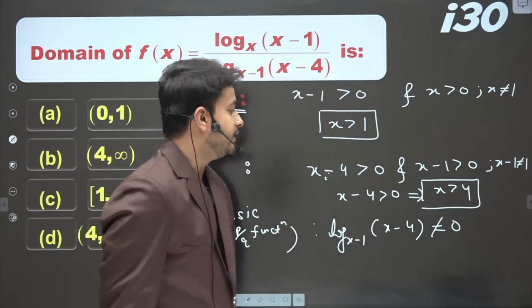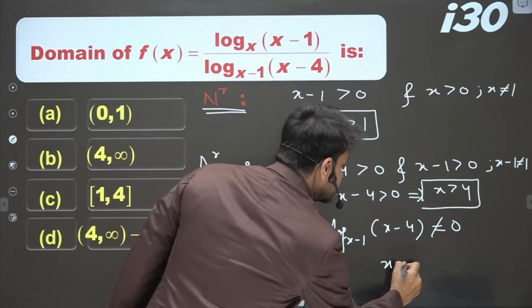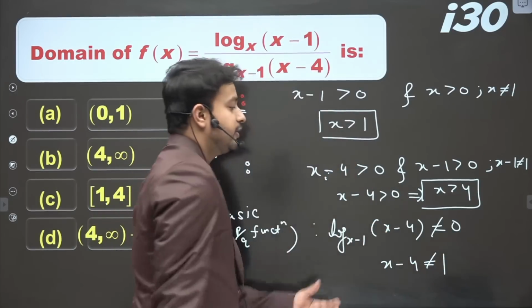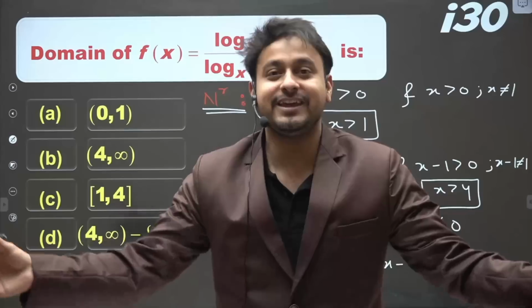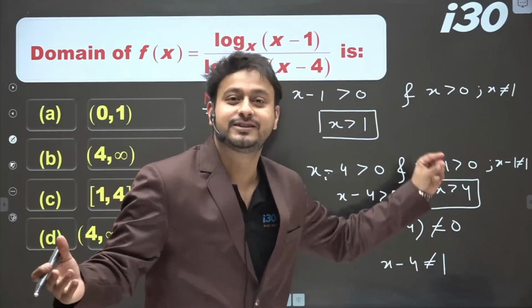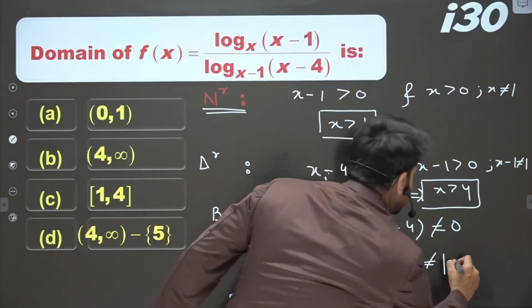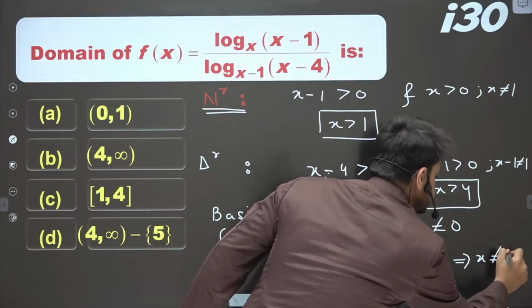So from there you will get that x minus 4 can't be 1 because log 1 is 0, right? So we don't want x minus 4 to be simply 1. So that is why we will get that x can't be 5.